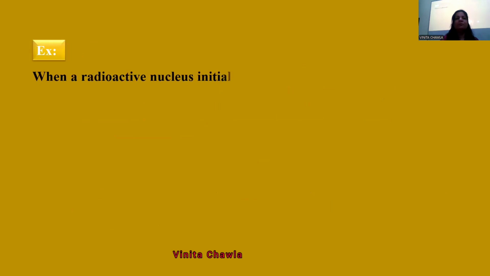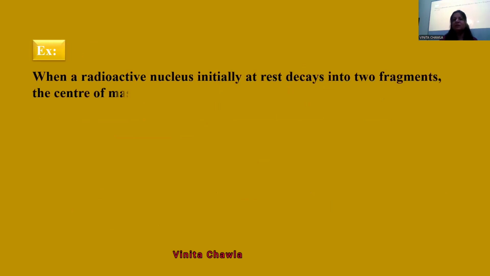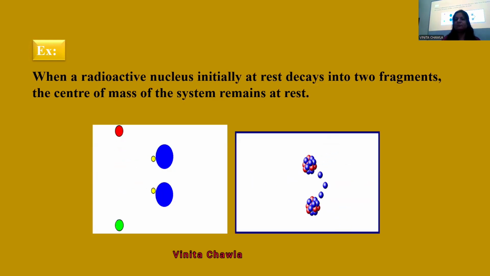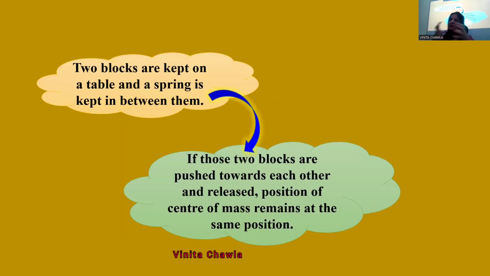For example, when a radioactive nucleus initially at rest decays into two fragments, the center of mass of the system remains at rest. If two blocks connected through a spring are pushed towards each other and released, they will vibrate, no doubt, but the position of the center of mass does not change. The position of the center of mass remains at the same position.